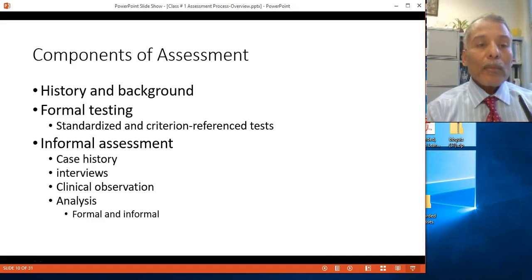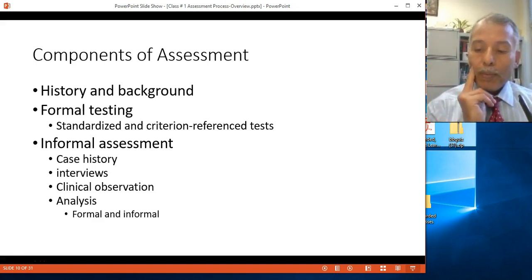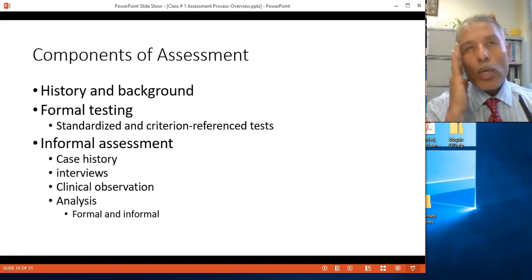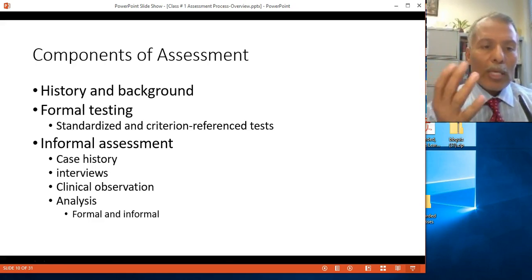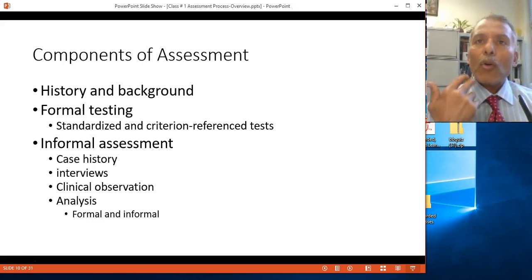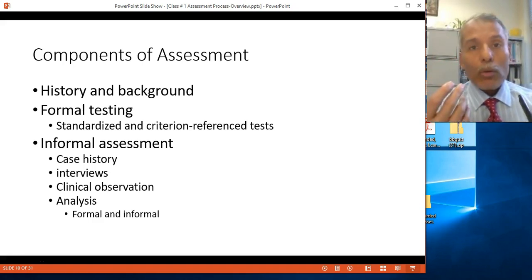Analysis of the information, that is something you do on many levels. Number one, you get your scores, and then you try to say, what does this score mean? Does it mean there's a significant disability? And you go back to the items and see why this score is high or low when the other scores are not as well developed, and so on.